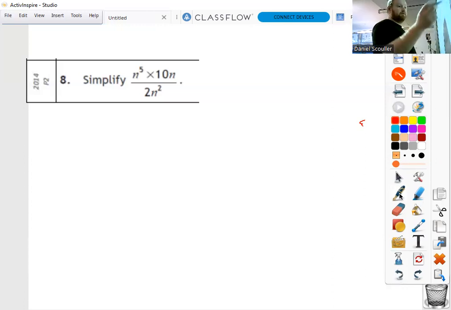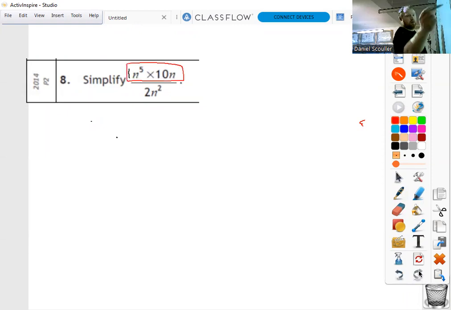Now, the rules of indices, when we're multiplying. The numbers in front of the indices, so in this case, there's a 1 in front of that. Now, we don't write it in algebra, but there's a 1 in front of that. So if I just focus on that top line first, and tidy that up, if I just had n to the power of 5 multiplied by 10n.